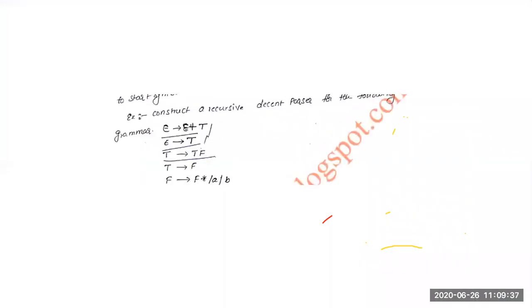See, he has given the grammar. Note down this grammar: E implies E plus T, E implies T, T implies T star F, T implies F, F implies F star slash A slash B. This is the grammar given.